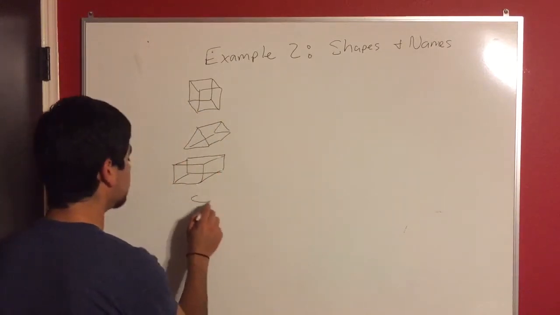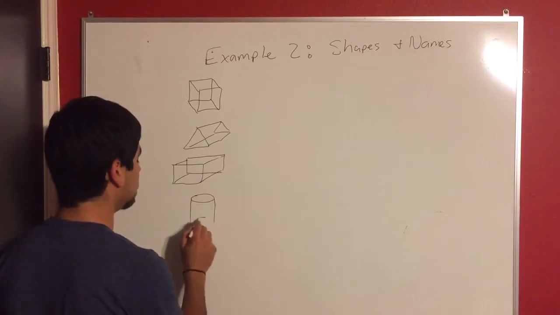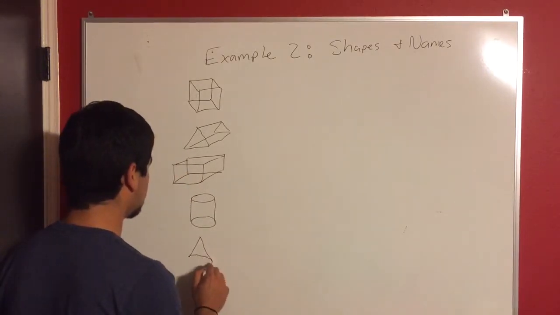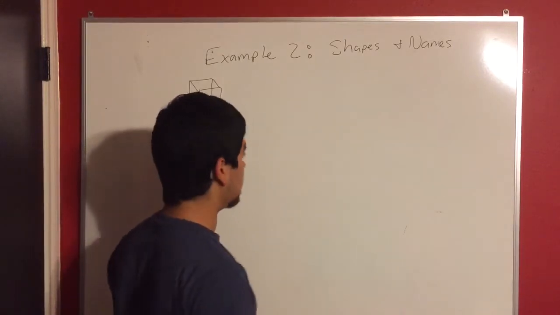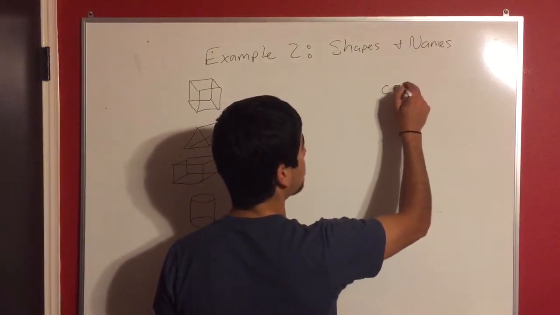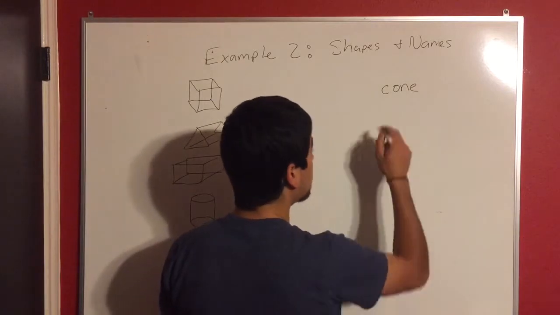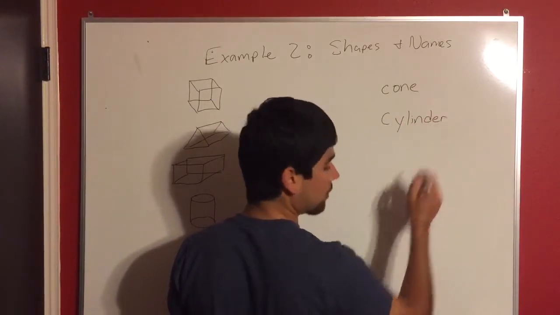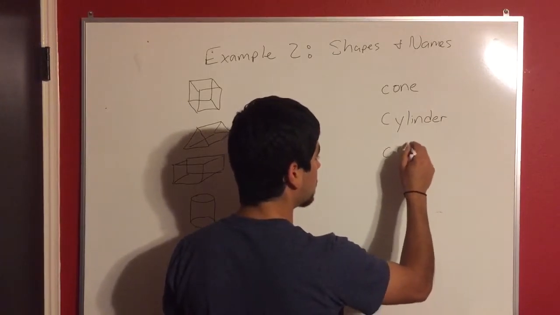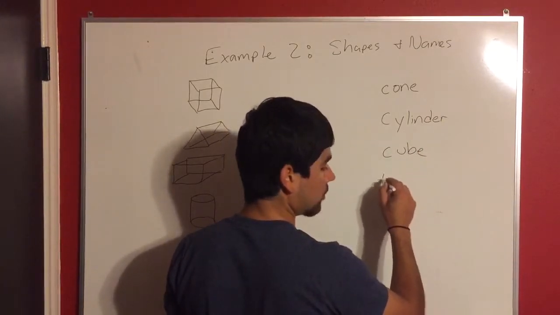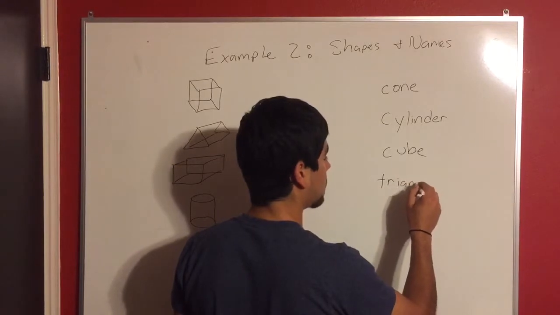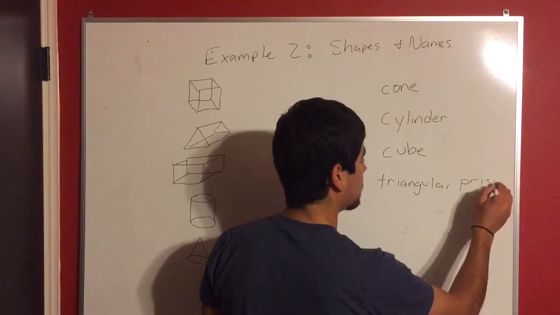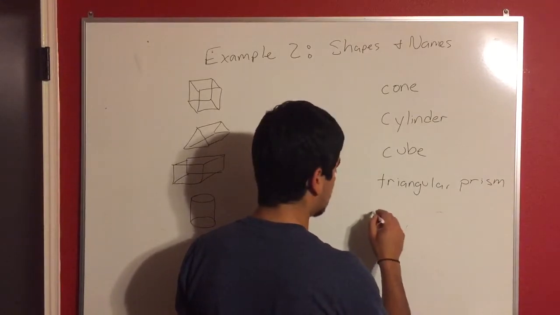Number 4, you have this, which is a cylinder. And 5, you have a cone. And then over here, I write out the names.